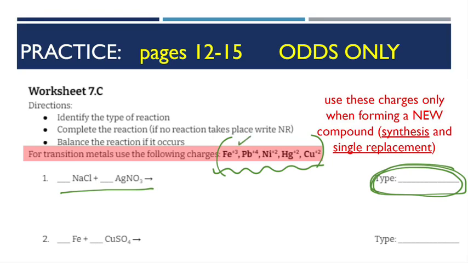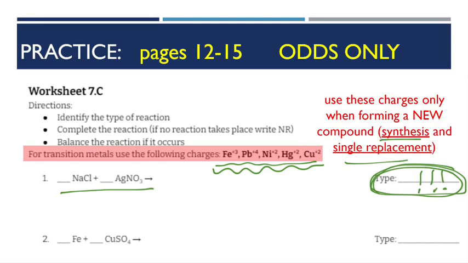So like we saw iron before had a +2 up in reaction number 3 at the top of this page. But in other situations, iron would actually prefer to be a +3. So we're going to use these charges for the weird transition metals in synthesis and single replacement reactions only, which is another reason to definitely make sure to figure out your type.